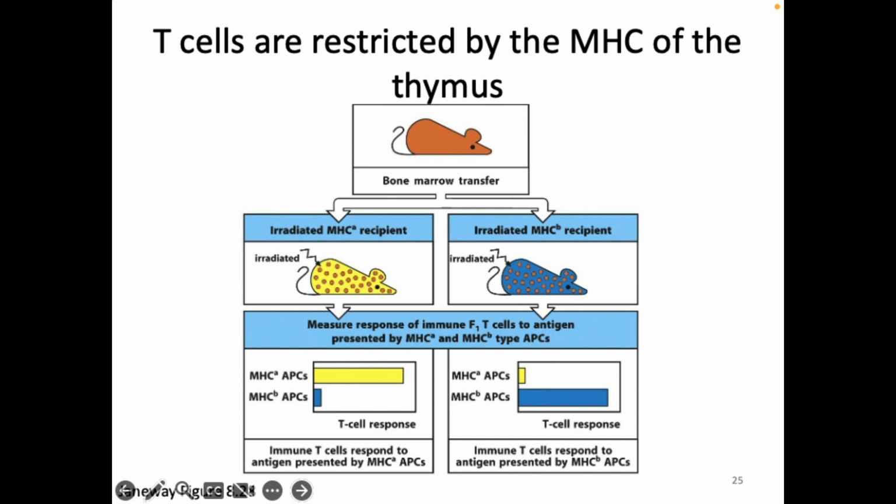In order to get out of the thymus, to survive T-cell development and be positively selected, they had to interact with this thymus. It was yellow, so they now have learned that yellow is self. They are yellow restricted. That same orange bone marrow, if I put it into a blue mouse, learns blue is self.